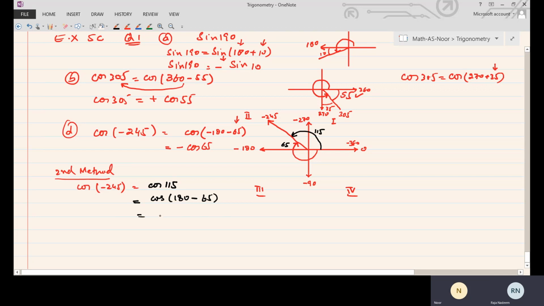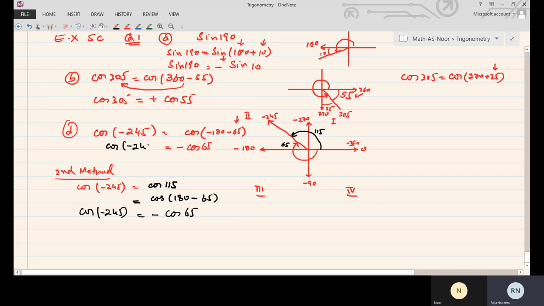So cos of 180 minus 65 means second quadrant. In the second quadrant, cos gives you a negative answer. At 180, cos remains the same, and this is it. So both ways are the concept for this question.